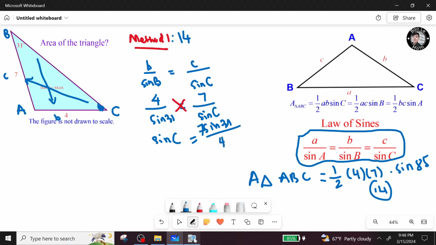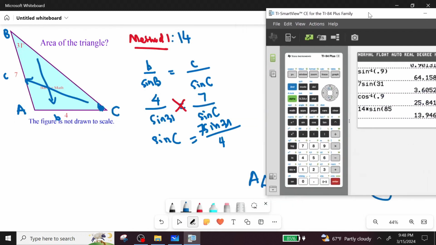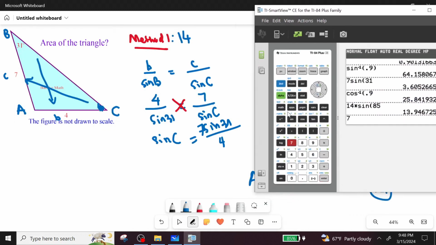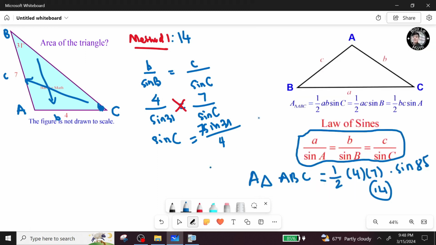Now bring up the calculator. 7 times sine 31 divided by 4 is going to be 0.9. But we need to find the measure of angle C, so we need to take the sine inverse of both sides.